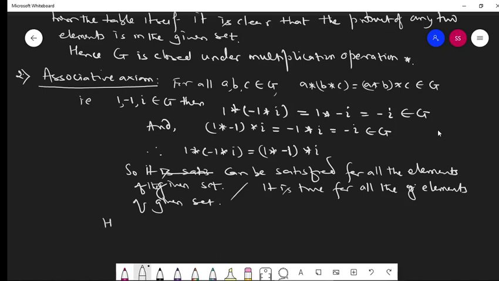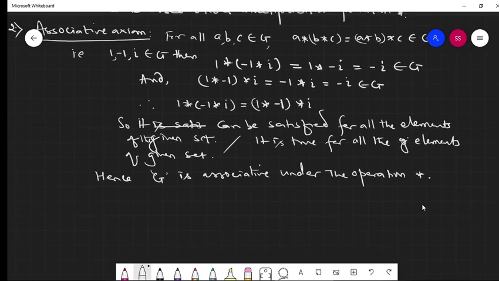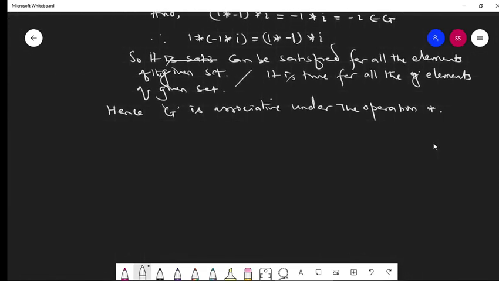Hence G is associative under the operation asterisk. If we multiply any two, we'll get that result, and again all are in the same table, you can see. That's why the associative property or axiom is also verified.